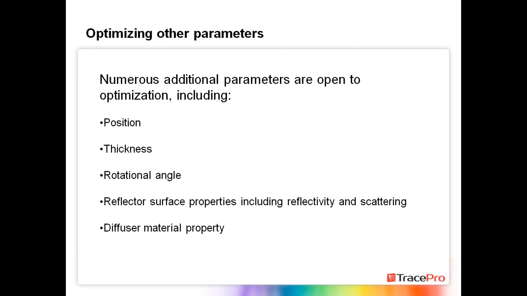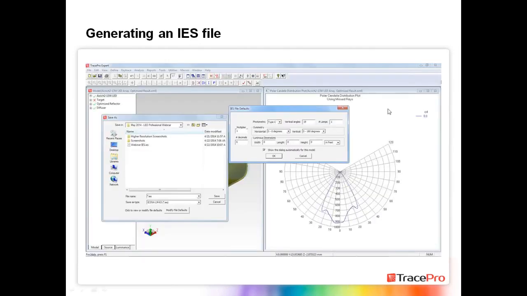Now, in addition, there are numerous other parameters that are open to optimization, not limited to just geometry or catalogs like this. We could look at position, thickness, rotational angle. We could scan through different reflector surface properties, changing reflectivity and scatter. Say I mentioned Alinod.